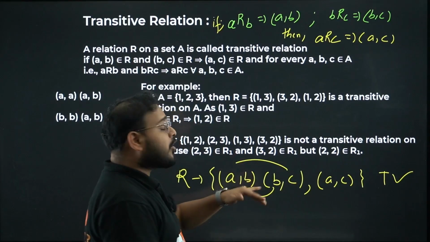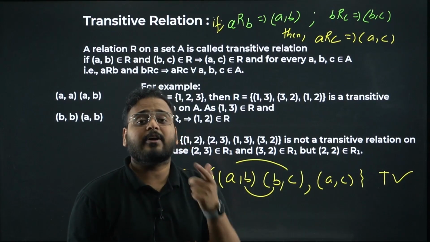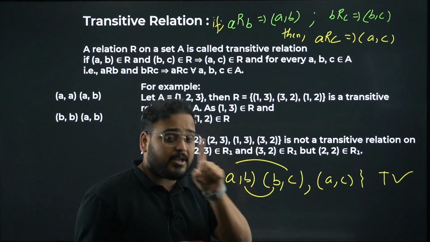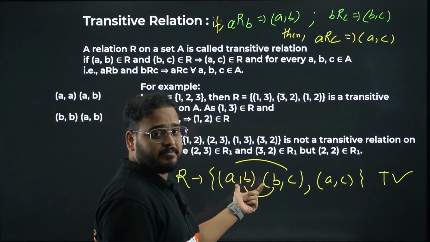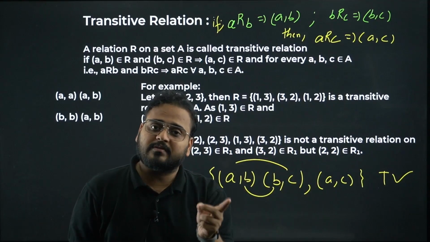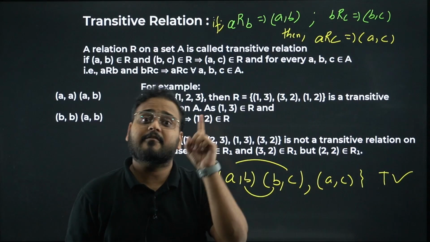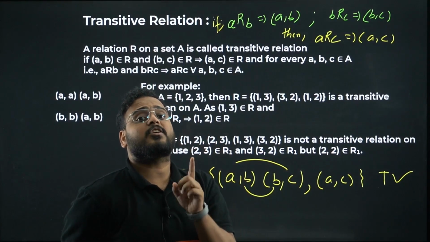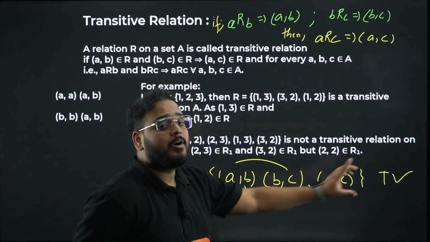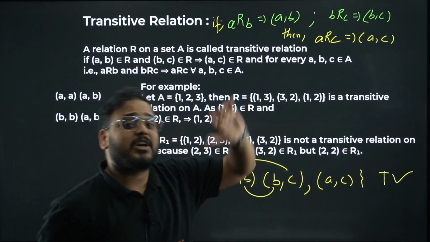If you can give one set of numbers for which this is not transitive, even if 10 other numbers come out transitive, the whole relation becomes not transitive. That's why it is difficult to check for all the numbers.